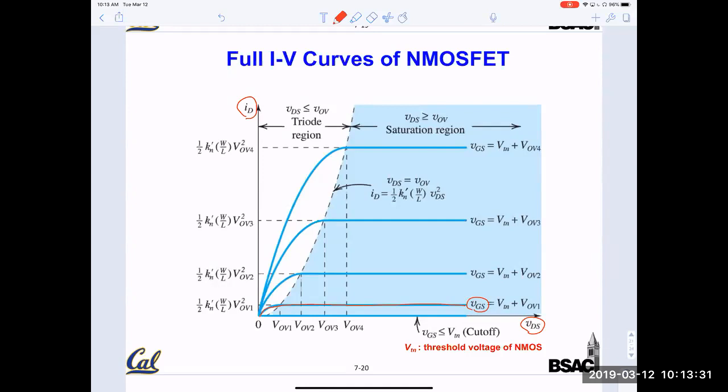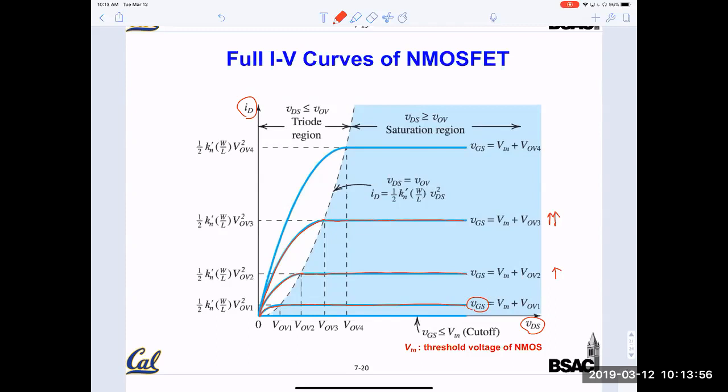For example, we increase VGS to the second curve. Now there's the same expression, so there's a second parabolic curve, and again it saturates. When you increase VGS more, here's another parabolic curve.